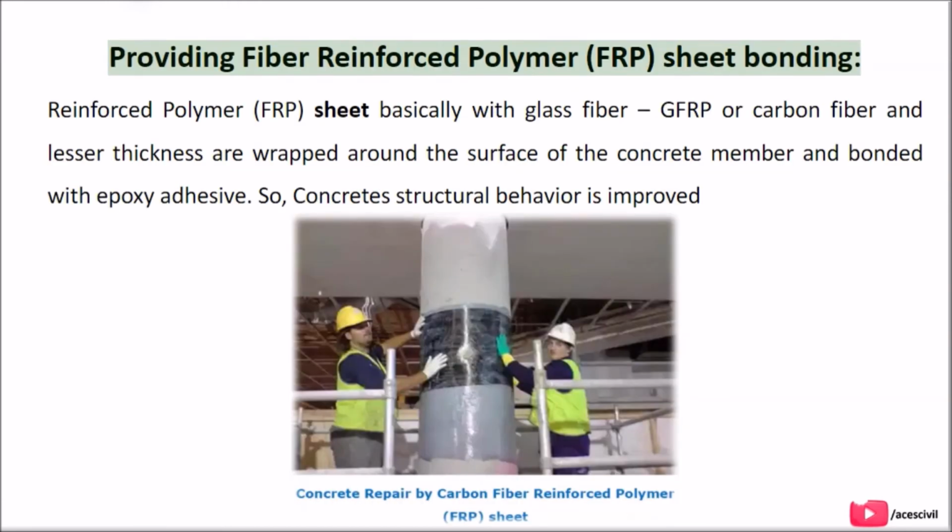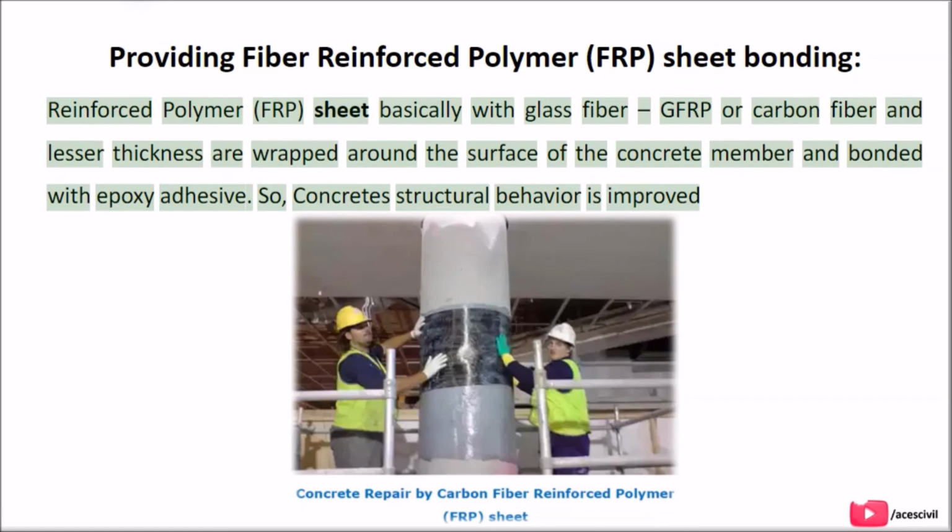Providing fiber reinforced polymer, FRP, sheet bonding. FRP sheets, basically of glass fiber, GFRP, or carbon fiber, with small thickness, are wrapped around the surface of the concrete member and bonded with epoxy adhesive.